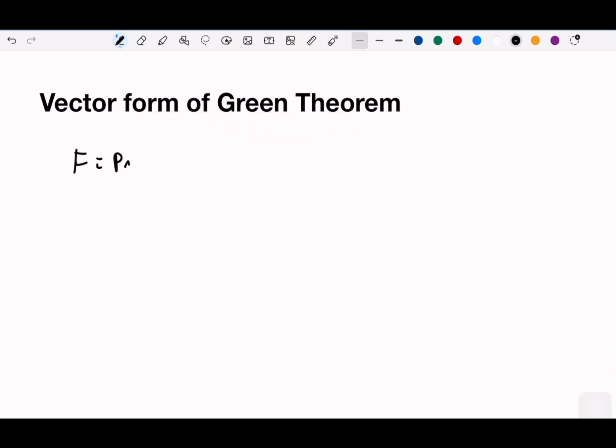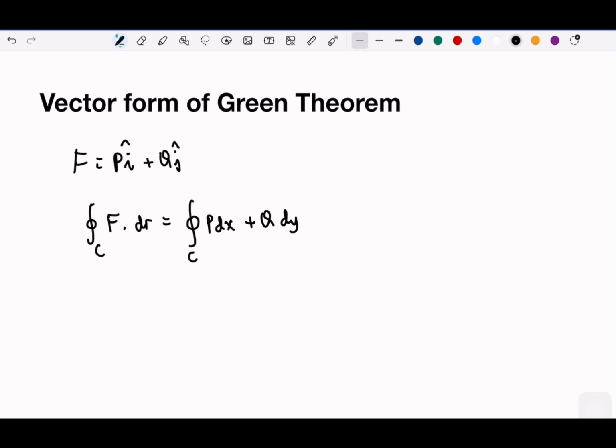Let's say we have two variables, so we have P, Q. And if we take the line integral, imagine this is a closed curve C, we take f dot dr. It's basically taking the line integral of P dx plus Q dy, right?